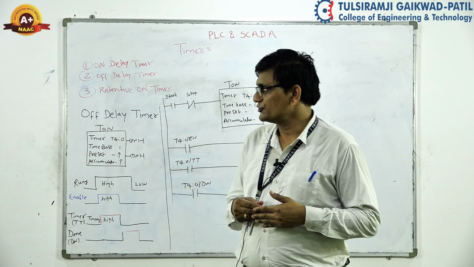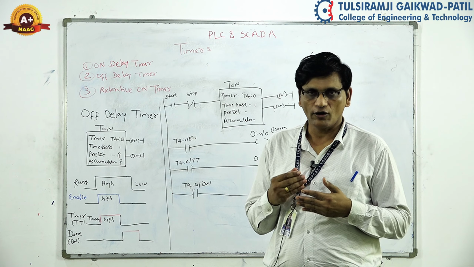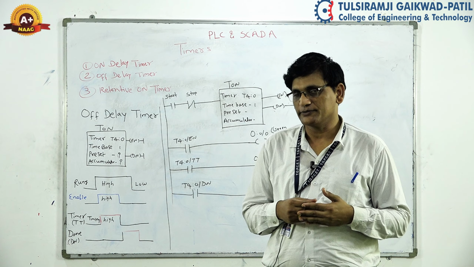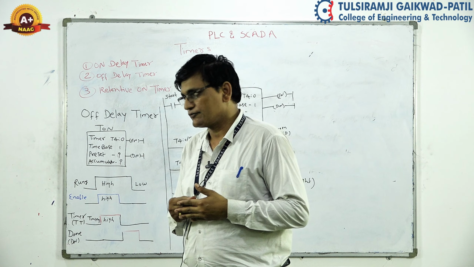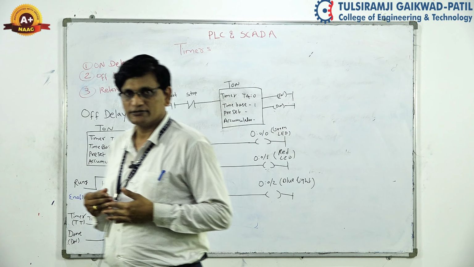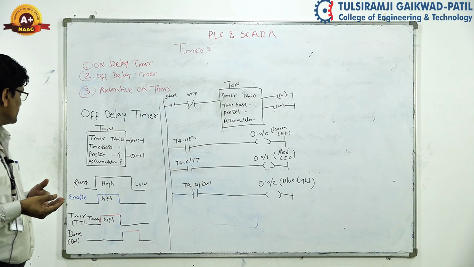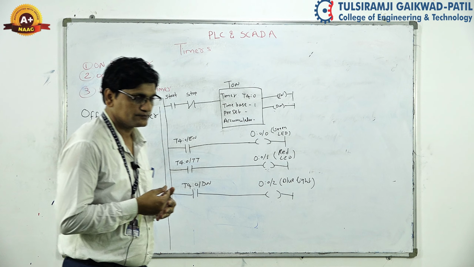In industry, three types of timers are used: on delay timer, off delay timer, retentive on timer. In the on delay timer, what happens? If you want a delay to activate some devices after a few seconds, at that time we use the on delay timer.